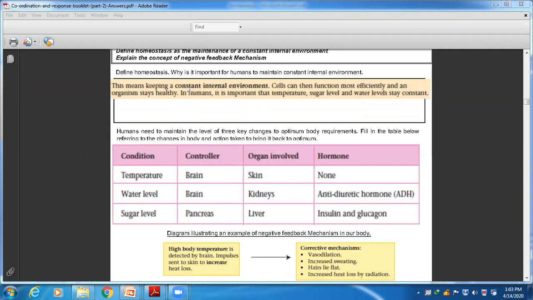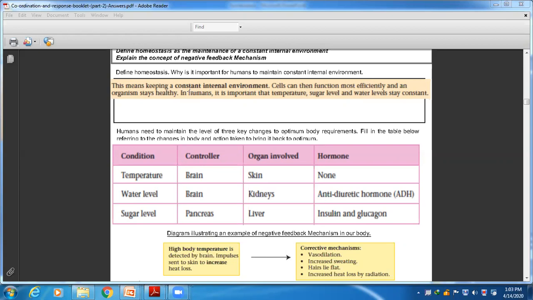Why? Because for our enzymes, the optimum temperature is 37 degrees Celsius. For that reason, there is a specific system in our body that detects our temperature and brings it back to normal.